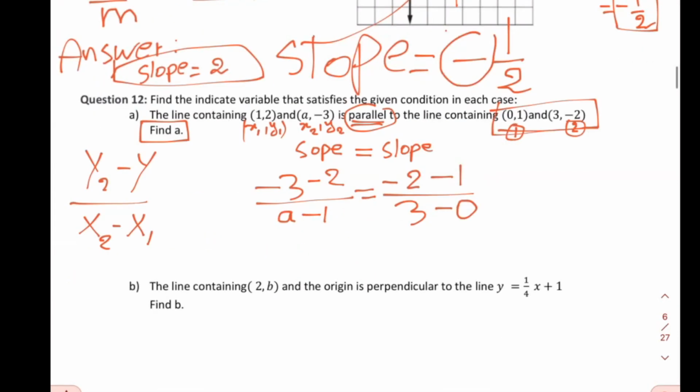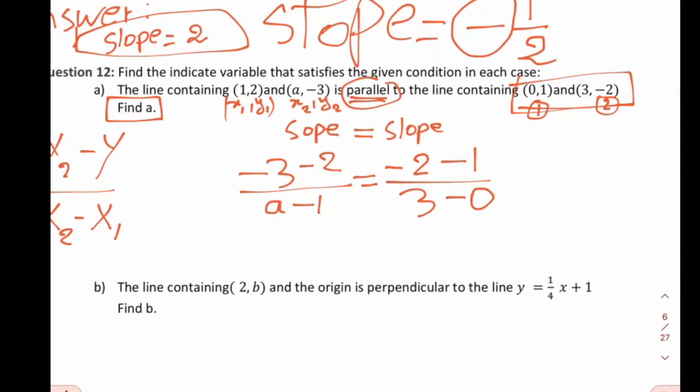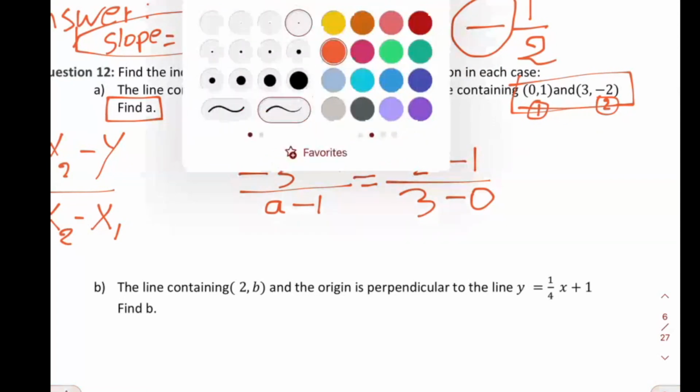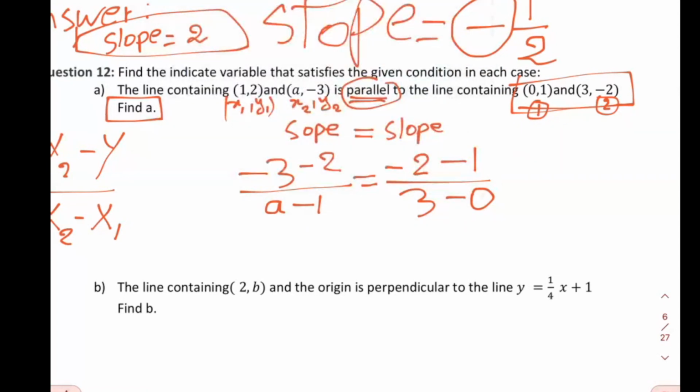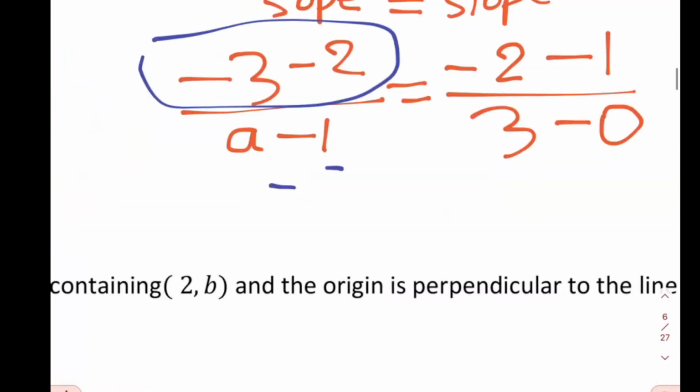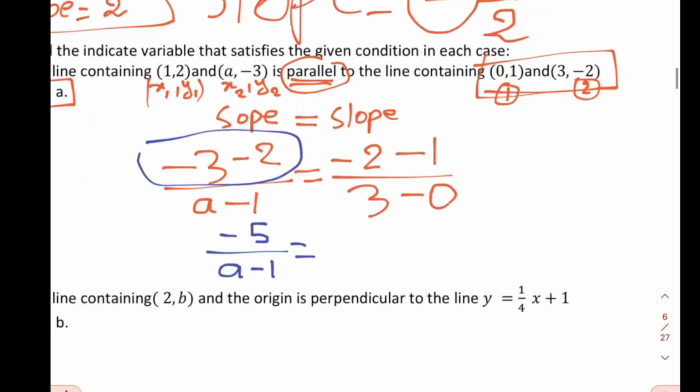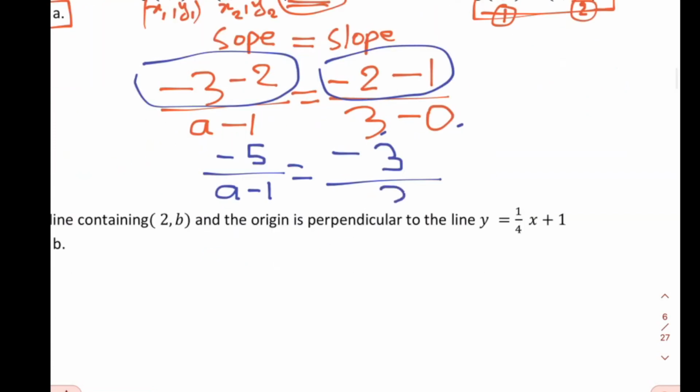Now just simplify. What is negative 3 minus 2? Negative 3 minus 2 is negative 5 over a minus 1 equals negative 2 minus 1 is negative 3 over 3 minus 0 is 3.